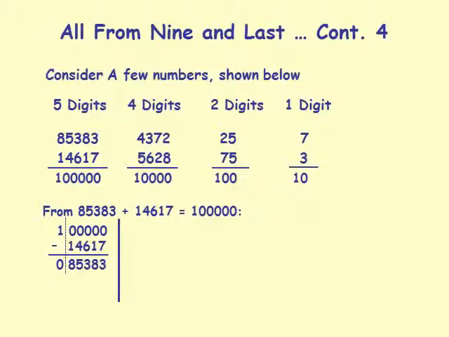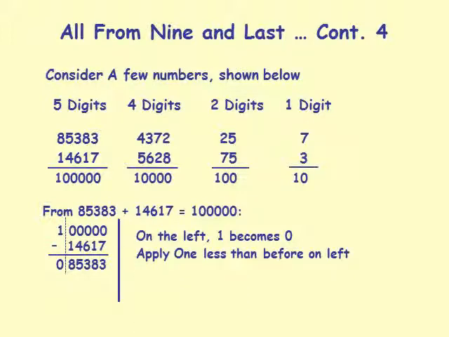On the left, the 1 becomes 0 in the subtraction, so we apply 1 less than before. 1 minus 1 is 0.